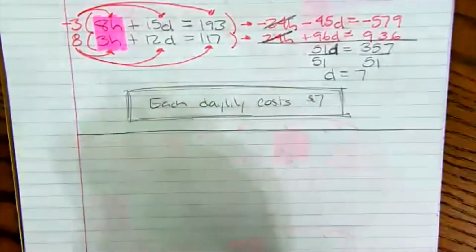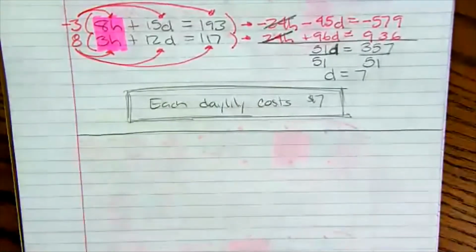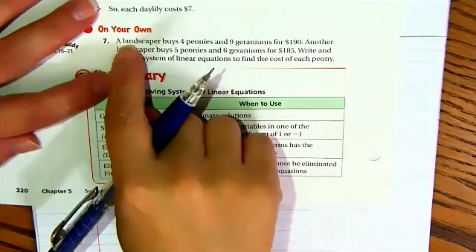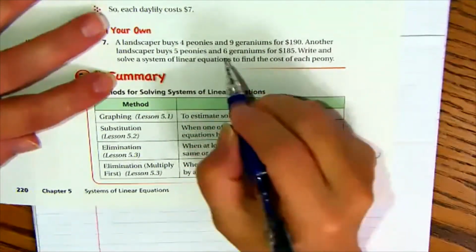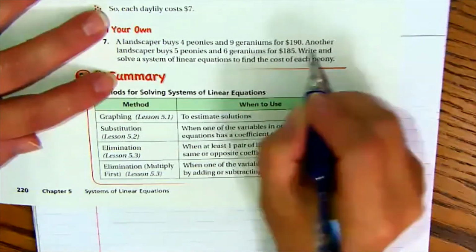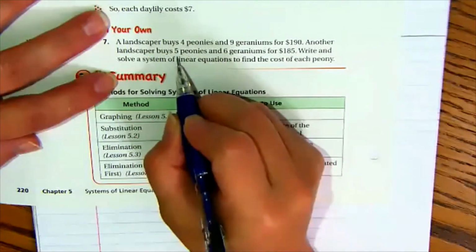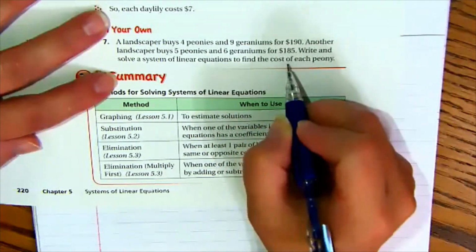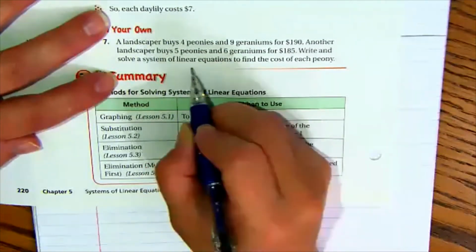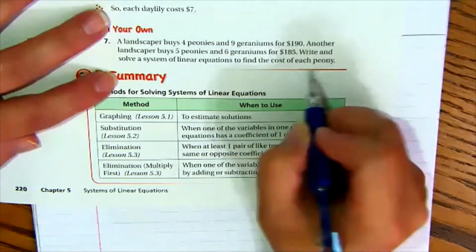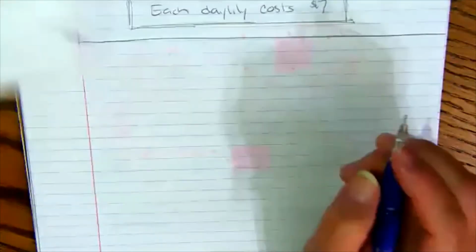So let's do another one. A landscaper buys 4 peonies and 9 geraniums for $190. Another landscaper buys 5 peonies and 6 geraniums for $185. Write and solve a system of linear equations to find the cost of each peony.